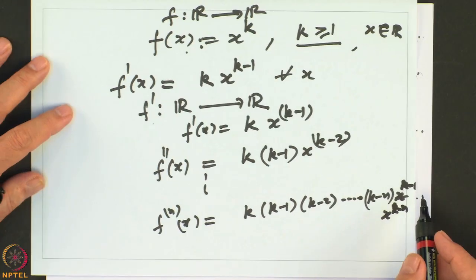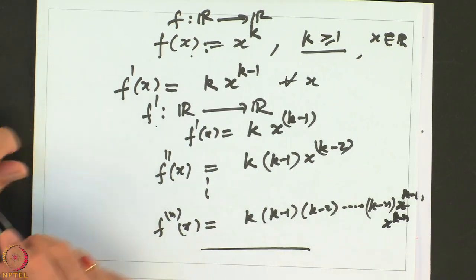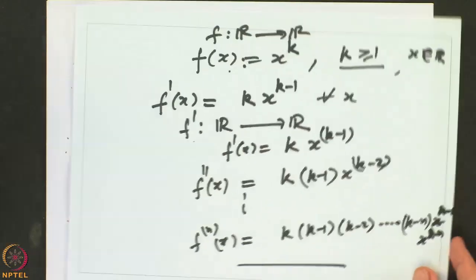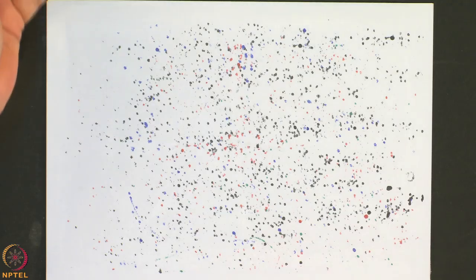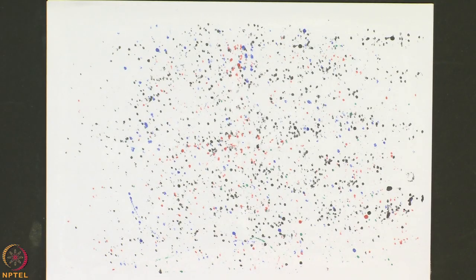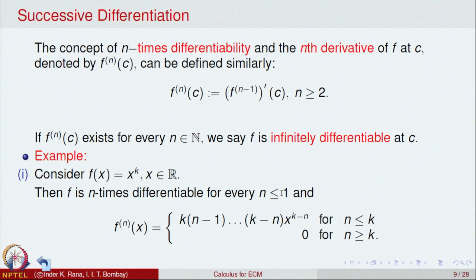That will be the nth derivative. So this function will have derivatives of all orders, and in fact more. When n is equal to k, the derivative is a constant, and beyond that it will be 0. So this is an example of a function which has successive derivatives.